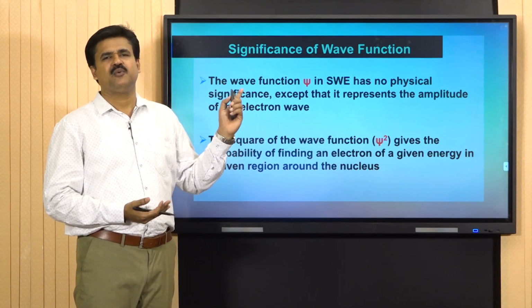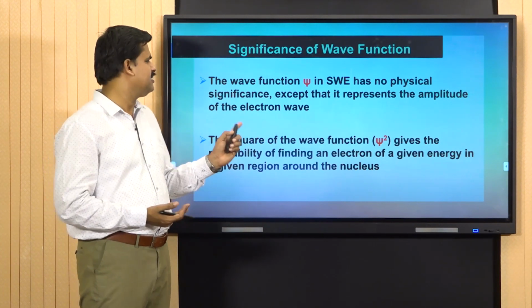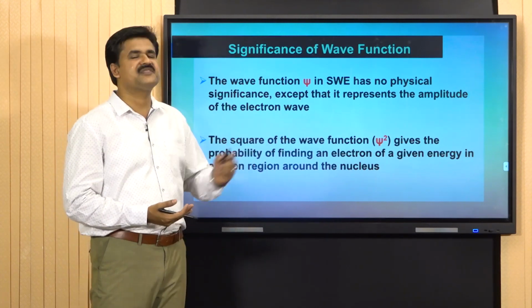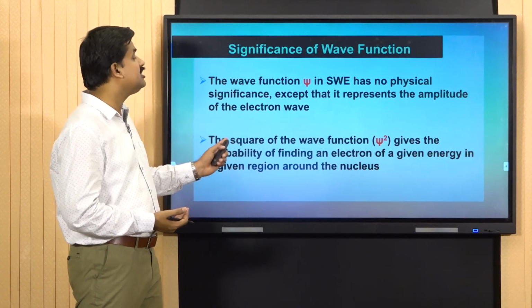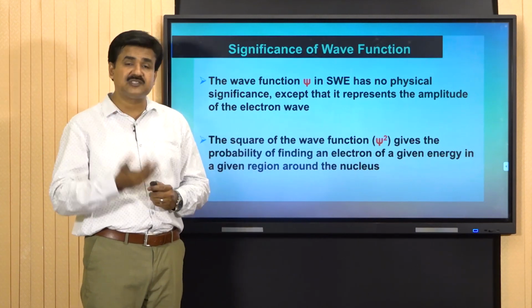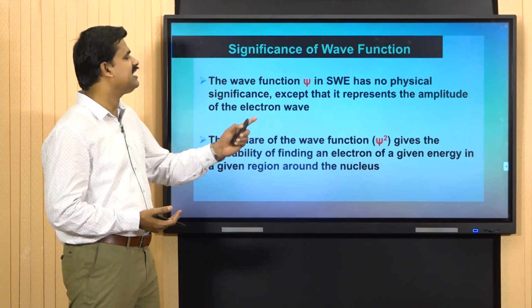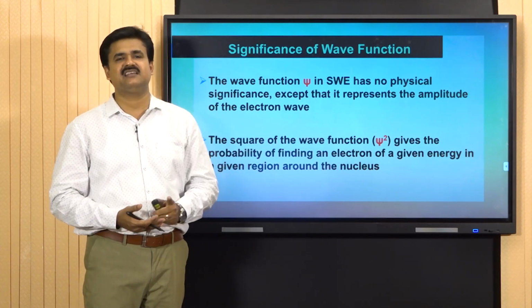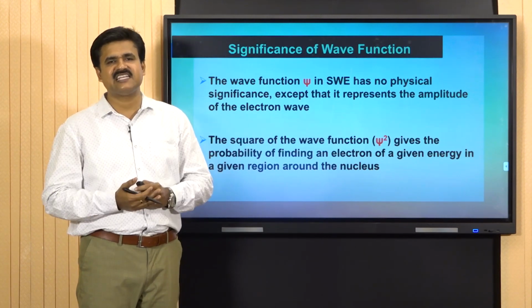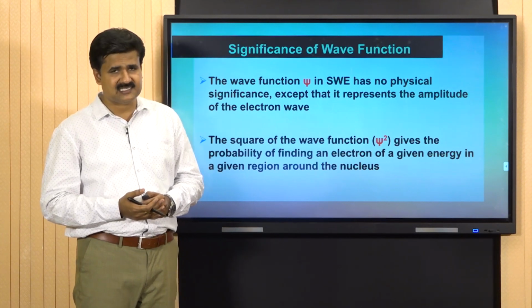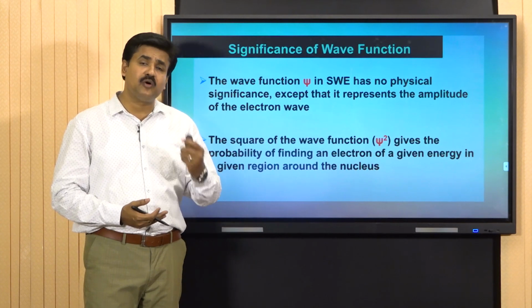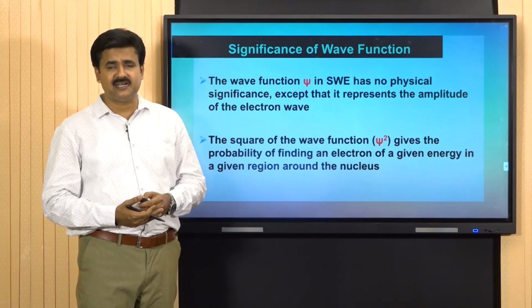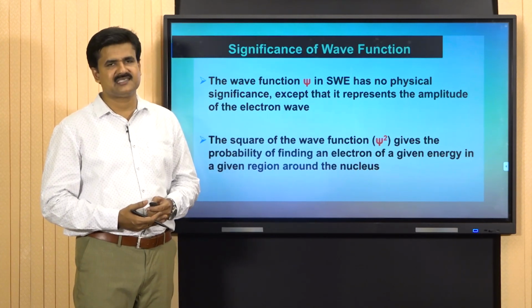The square of the wave function, that is psi square, gives the probability of finding an electron of a given energy in a given region around the nucleus. This simply means that psi square gives the probability of finding an electron around the nucleus.